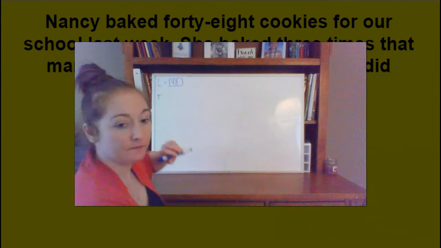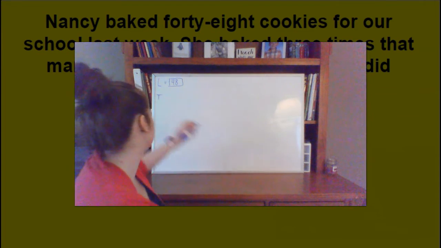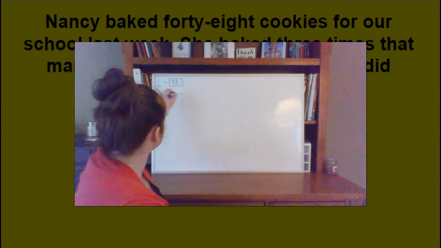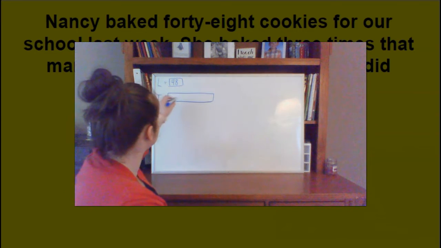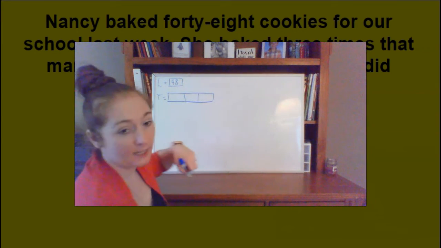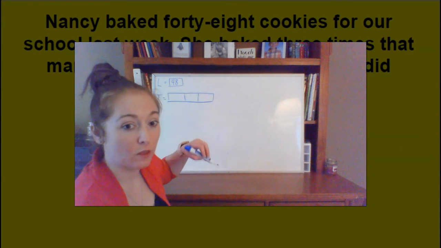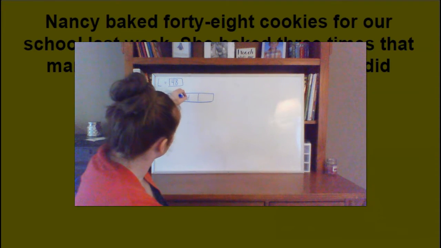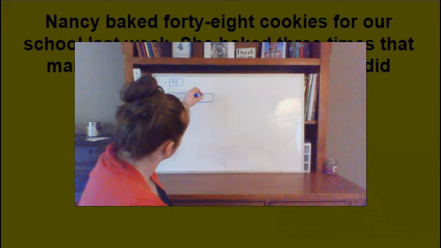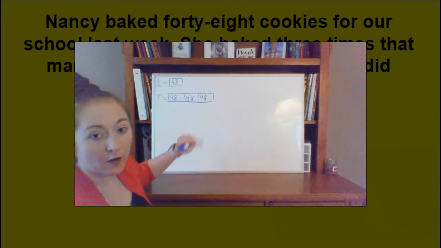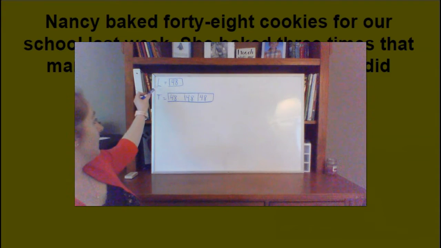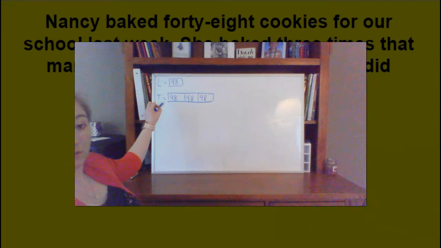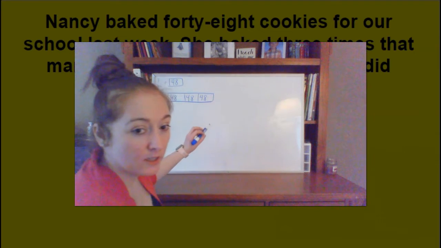T for this week. We're going to draw 3 boxes. Very good. And each one is going to be worth 48 because we're doing 3 times as many. Okay, so our known is last week. Our unknown is this week. So let's look at that and let's solve it.